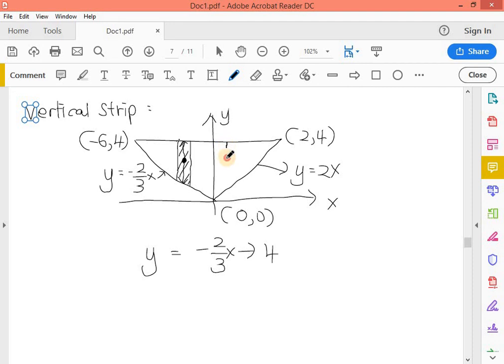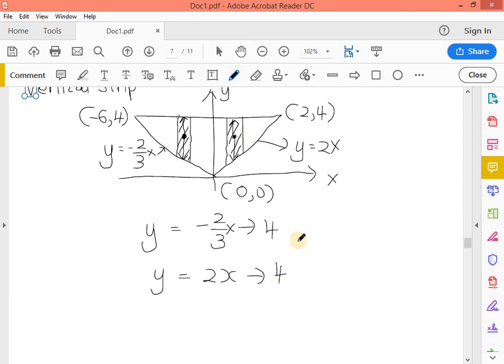Have you ever thought about what will happen if I construct another vertical strip at this region? When you refer down, what will you see? You will see your y equals 2x, right? When you refer up, 4.